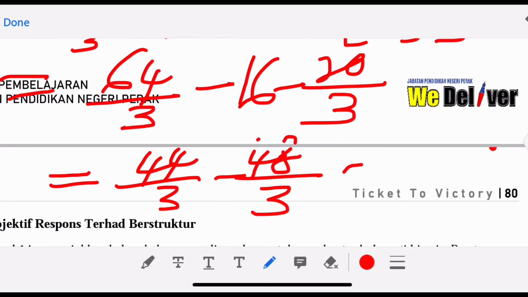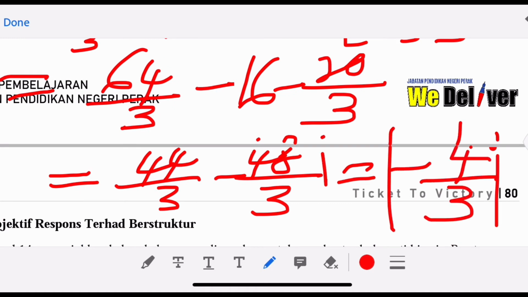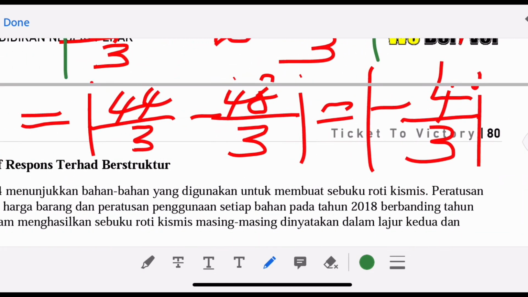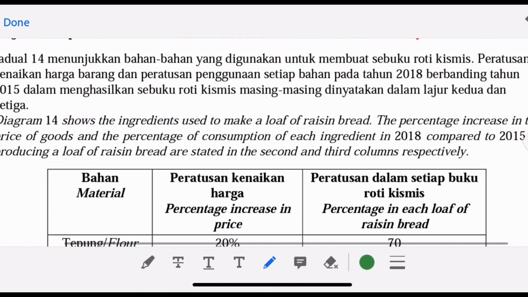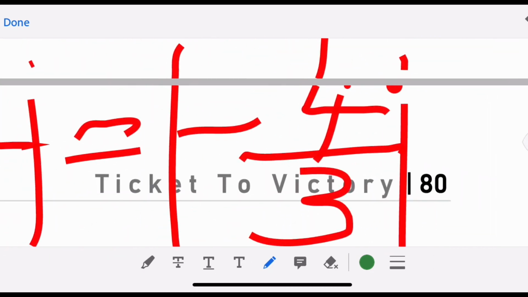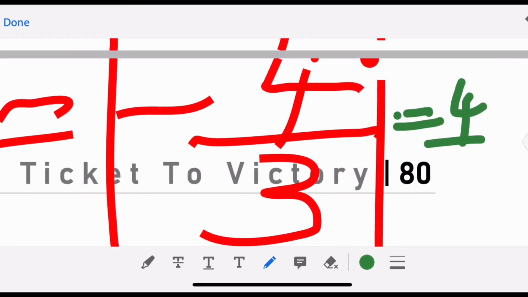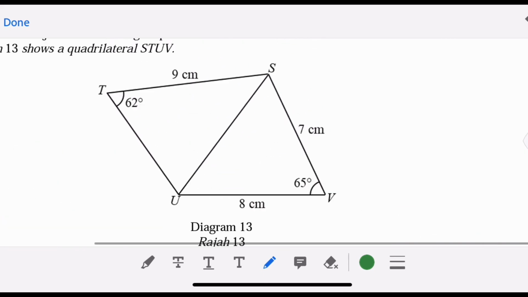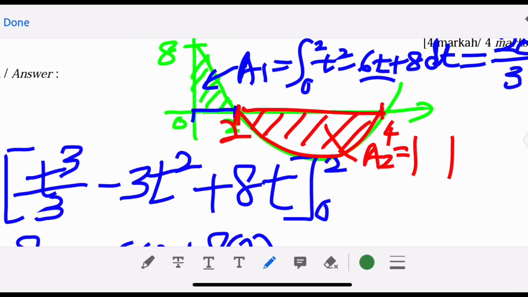So we will get the answer negative 4 over 3, but we need to take the modulus to make it positive, because this has to do with the area. So the area is 4 over 3 meter for the down part. This is the area that we're going to add on. So negative 4 over 3, we will consider the magnitude 4 over 3.